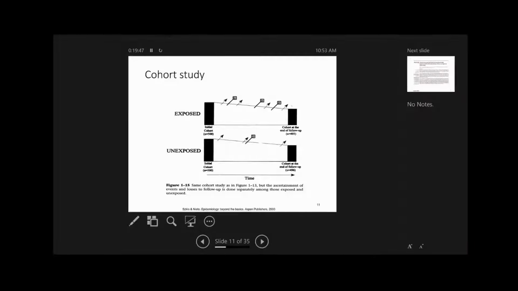RCTs also follow up people over time. Cohorts also follow up people over time. The difference is the exposure is artificially assigned in an RCT by us, by the investigators. In a cohort study, nobody assigns the exposure. We merely ascertain the exposure that has already happened.